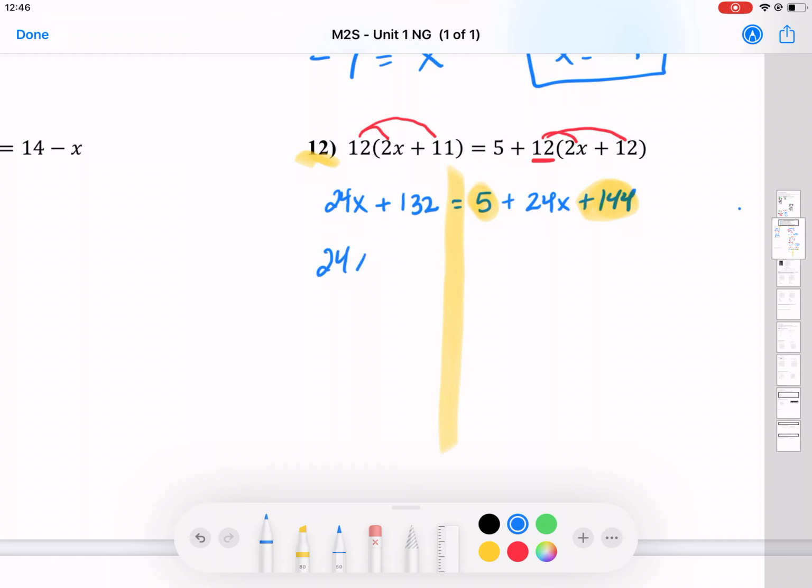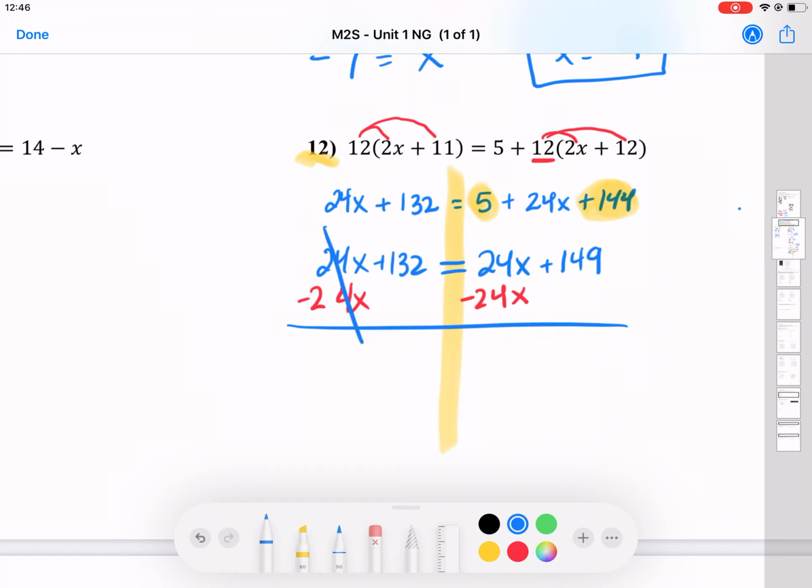So I have 24x plus 132 equals 24x, I'll write that first, plus 149. Next thing I do is I get all the x's on one side. So I'll subtract 24x, since it's a positive. Now here's something that's interesting. I don't know if you notice on this problem. Those cancel. We get 132 equals 149.